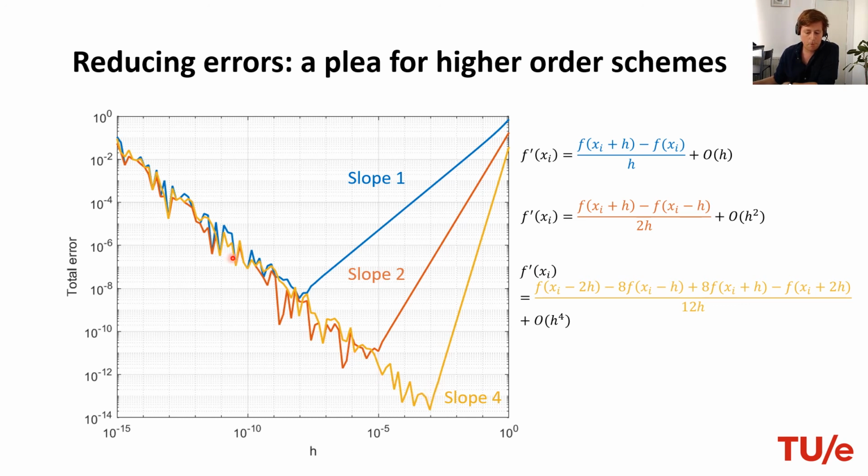Again, a slope of -1 when the rounding error is dominant. And we also find that the minimum error here is even 2 to 3 orders of magnitude lower than for the second order scheme. So this is clearly a plea for higher order schemes when accuracy is important and when simply reducing h doesn't lead you to the desired level of accuracy.